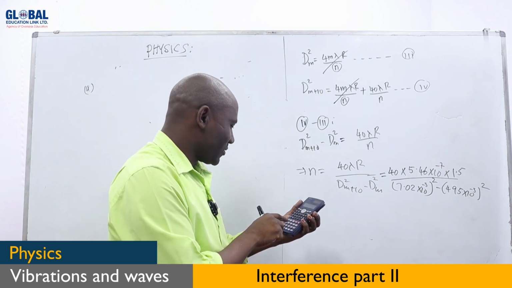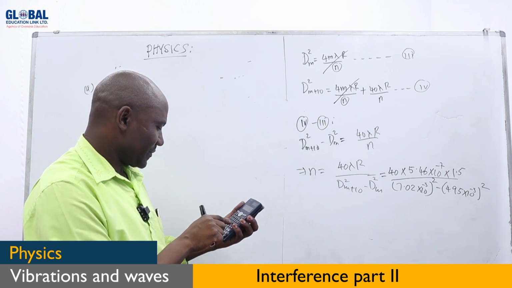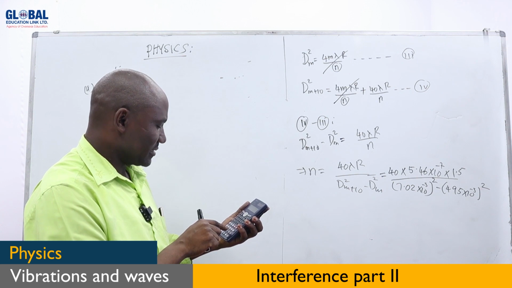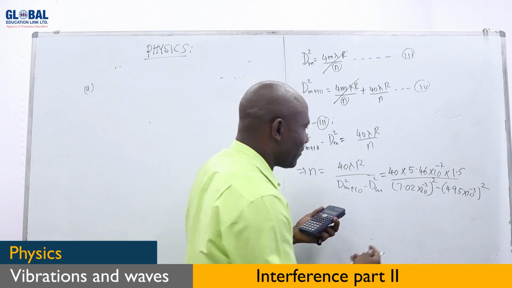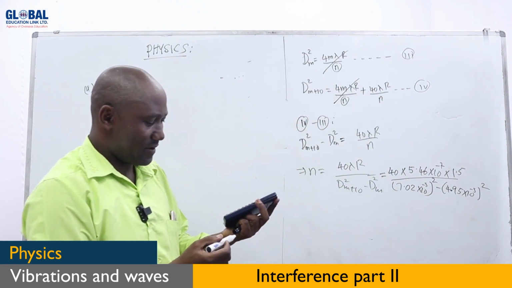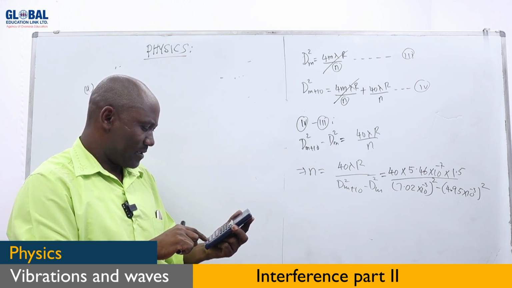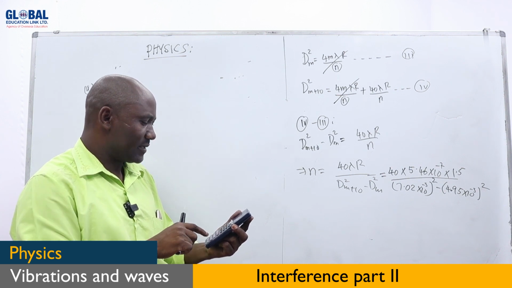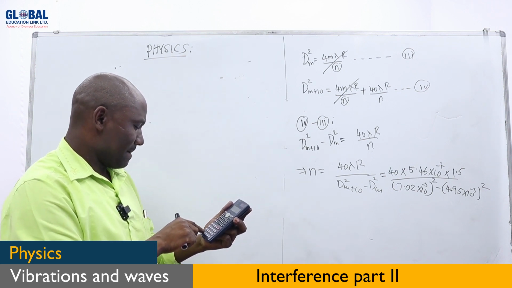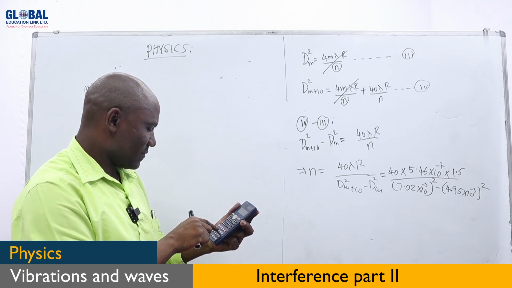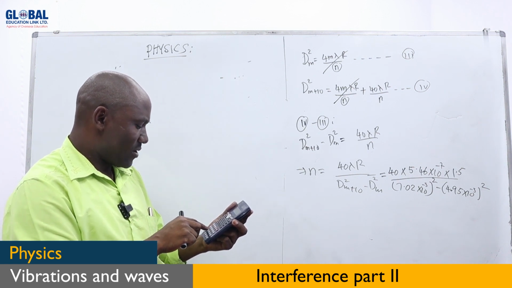Let's take now 7.02 e power negative 3 squared minus 4.95 e power negative 3 squared, and inverse, multiplied by 40 multiplied by 5.46 e power negative 7 multiplied by 1.5.